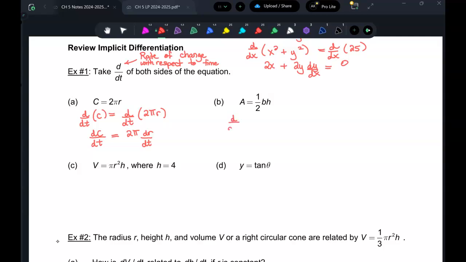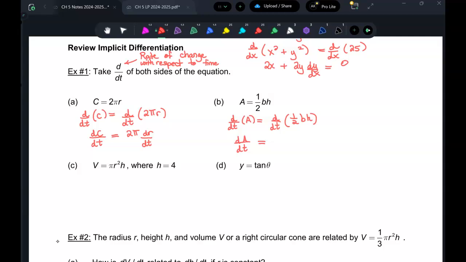Okay, now let's take a look at the next one. If I take d dt of both sides, on the left side... You need to be able to do this first before we can actually apply it. And notice these formulas are all formulas that should look familiar. This is circumference. Next one is area of a triangle.